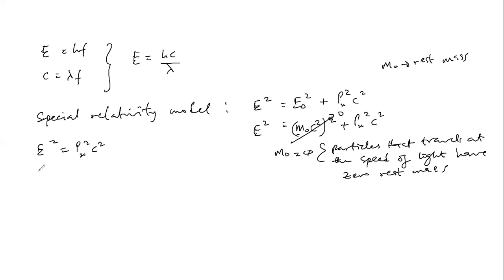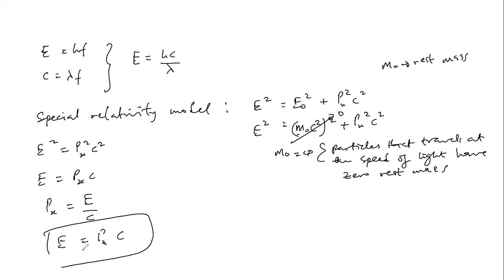And then this is going to be the same as E equal to Pxc, so P sub x, the momentum, is going to be the energy over C. So this relationship is equally very, very important, largely because it shows that a massless particle still has energy and momentum.